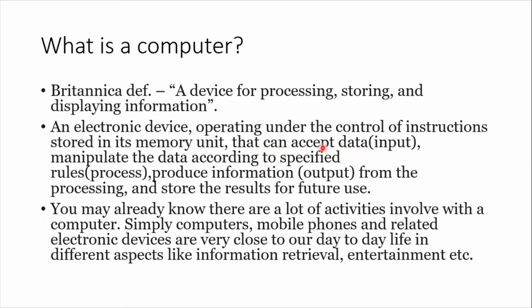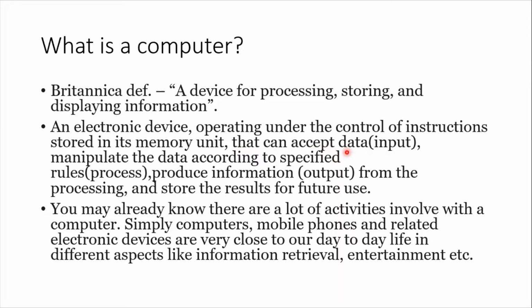So in the majority of cases computers accept some sort of data from the external environment. External environment means the environment that humans are living in, or it might be another computer network, or another set of computers joined together. Such cases also exist. So it accepts some sort of data.